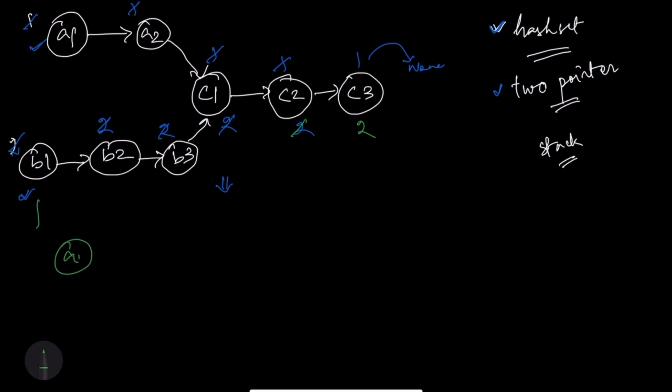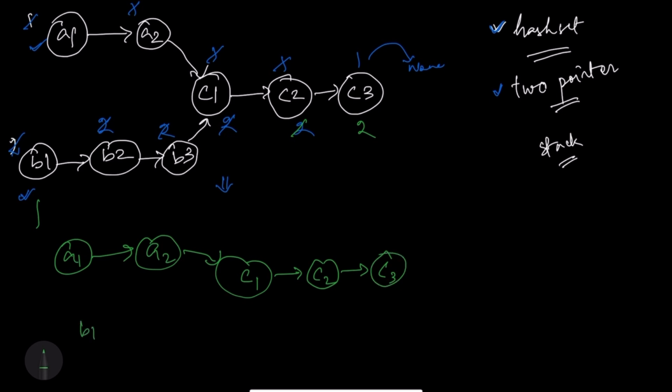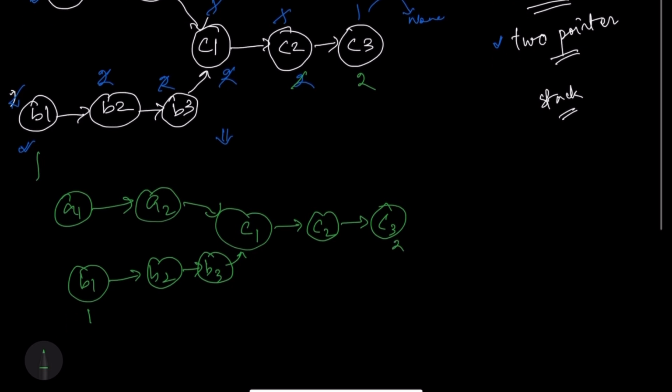Now let's make A1, A2, C1, C2, C3, and here will be B1, B2, B3. So now our 1 is here, our 2 is here. In the next iteration what will happen? Our 2 will go to none.